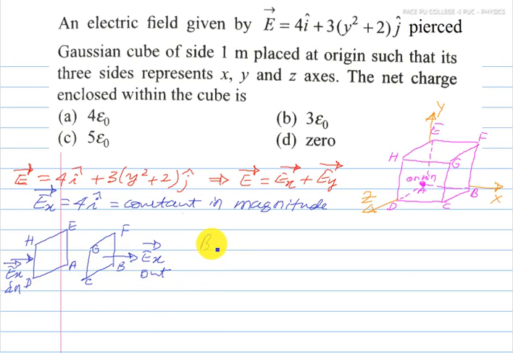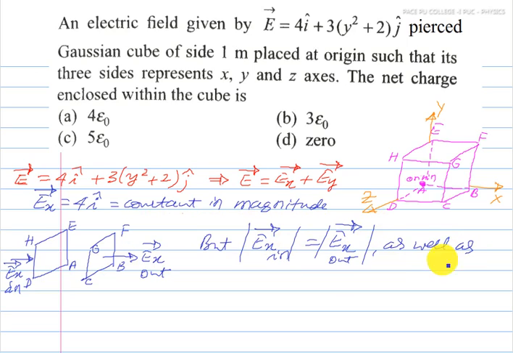Since it is constant in magnitude, Ex in is equal in magnitude and direction to Ex out. Therefore, the net flux contributed by this horizontal electric field is null.